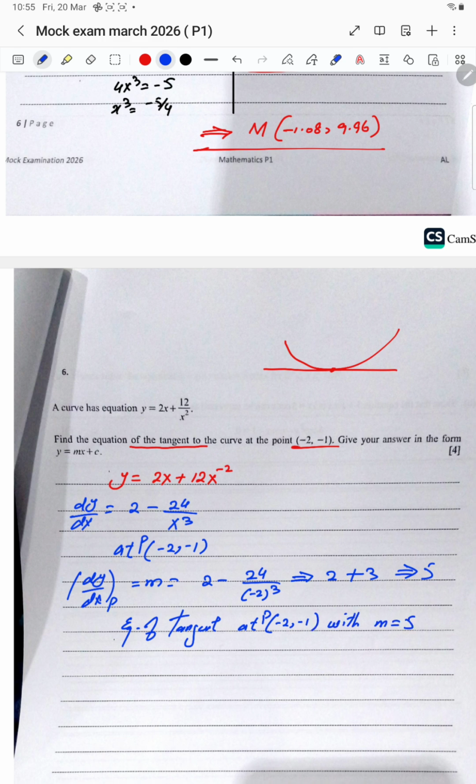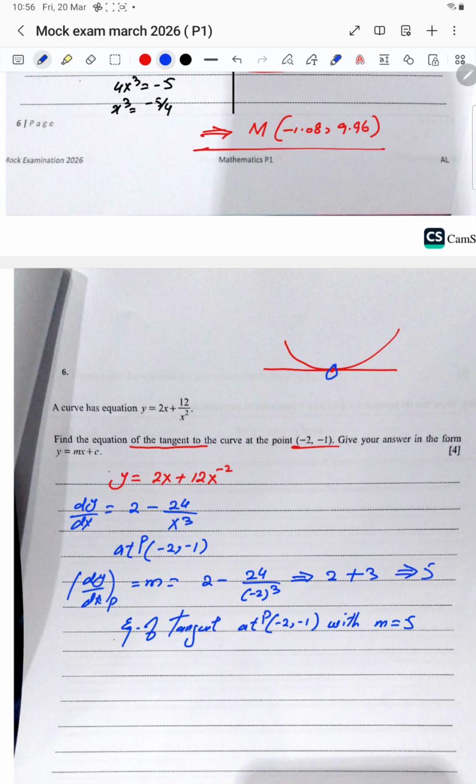Here, a few students I found took the perpendicular gradient on the tangent. This curve is passing through this point. It's not a perpendicular gradient taken from any third far away point. This point lies on the tangent, because this is a common point on the curve and the tangent.